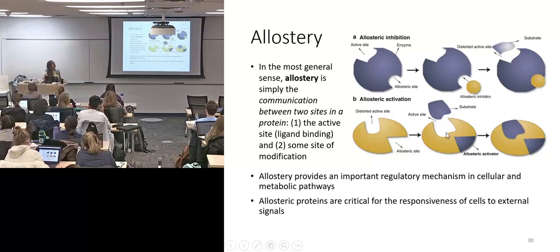Alternatively, this one's a little bit more obvious of a shape change. I didn't draw these. When the allosteric activator binds, it changes the active site from some distorted shape, where the substrate that the enzyme normally wants to bind, its regular ligand, can't bind, to a shape such that it can, and you can turn it on. So allostery could work in either direction.